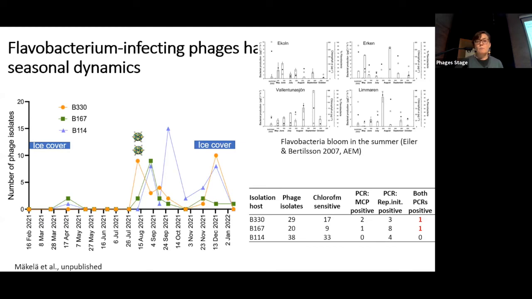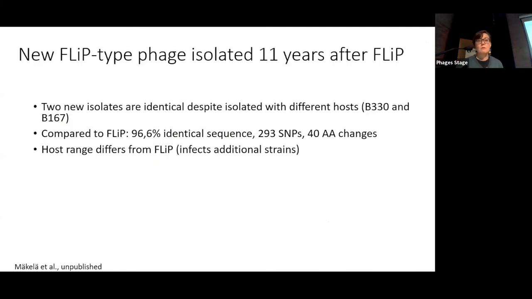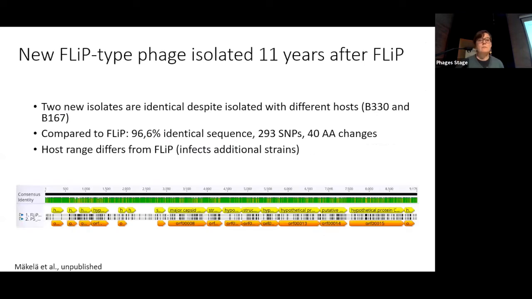What we did next was sequence these new FLiP isolates, and we saw that these 2 isolates, isolated with different hosts, were identical to each other. But when we compare the sequence with the original FLiP isolate, we can see that this really is a highly similar phage. It has been evolving for more than 10 years in Lake Jyväsjärvi.